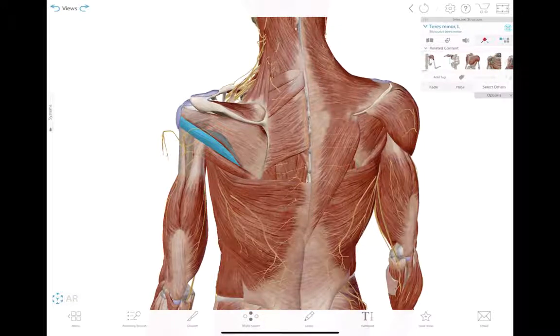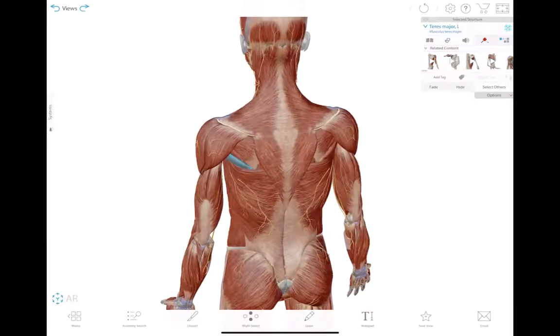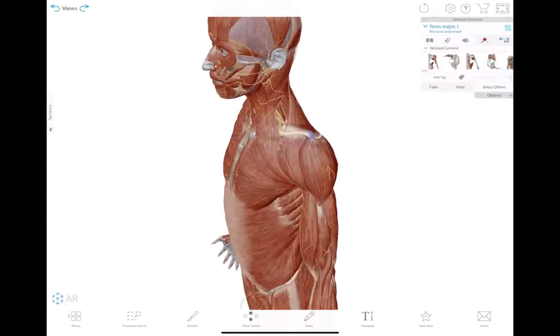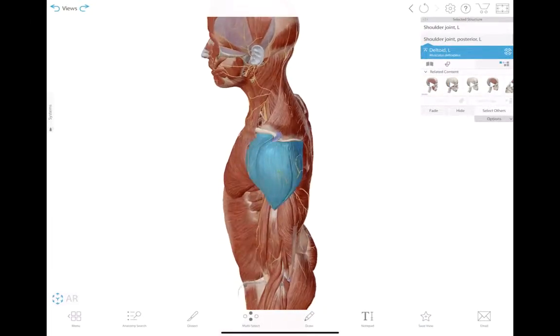So let's reset this guy and put his muscles back. Then we have our deltoid muscle. The deltoid is very important for movement at the shoulder. Let's select the whole thing. You can see it covers the entire shoulder, anteriorly and posteriorly.